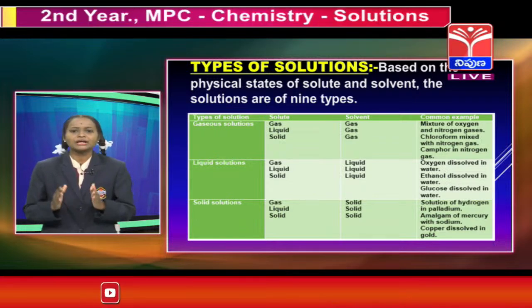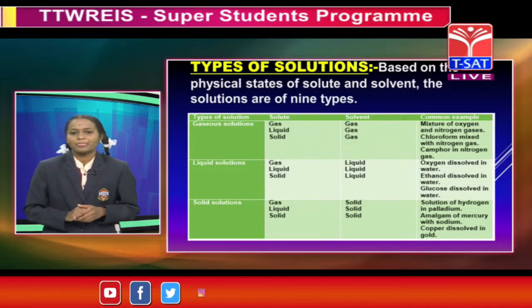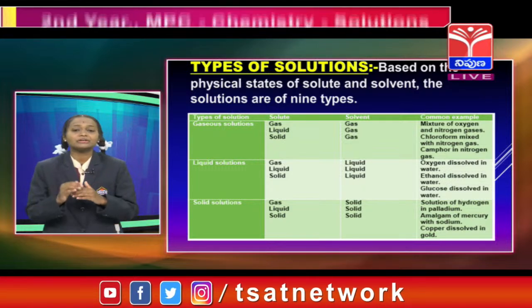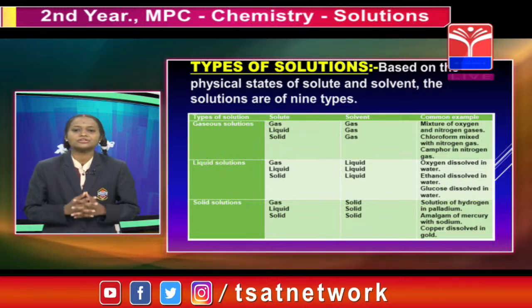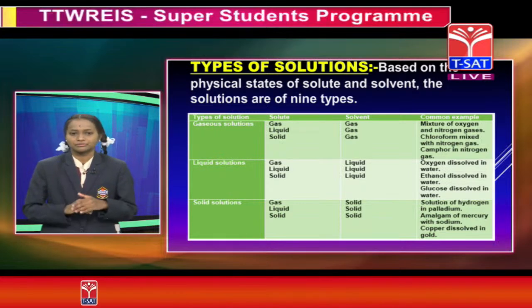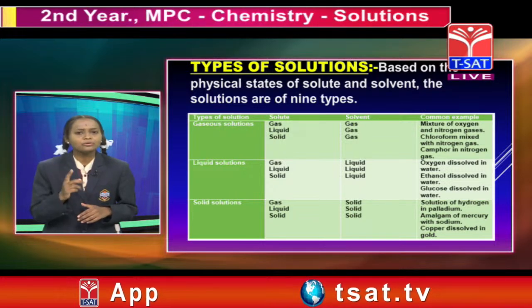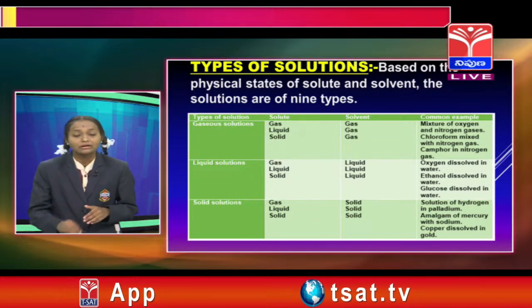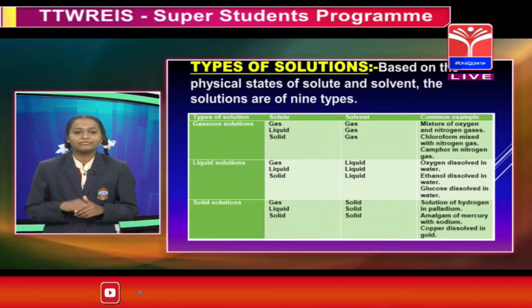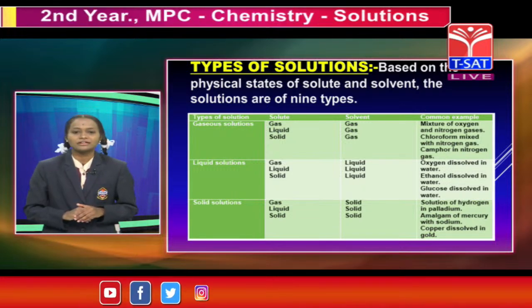And if you take liquid as solvent, the gas mixes with liquid and it gives a gas liquid solution, like oxygen dissolved in water. Have you ever thought how aquatic life breathes underwater? Because there is the presence of oxygen in the water.